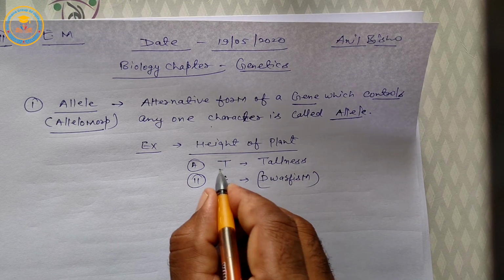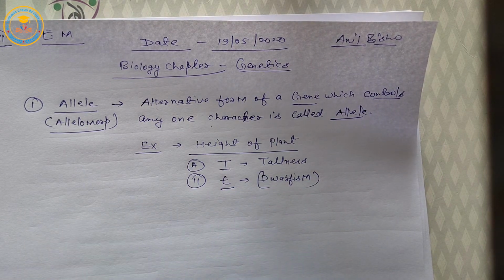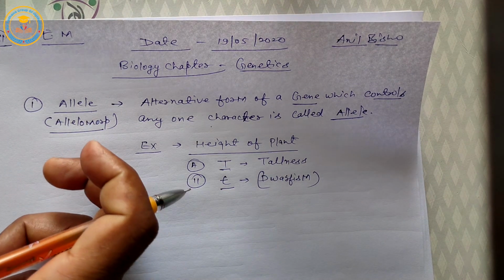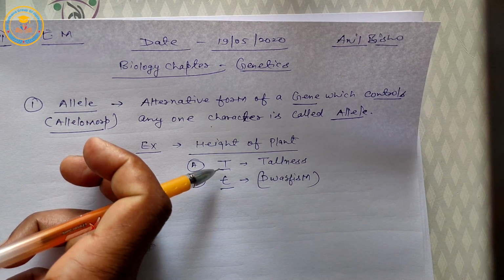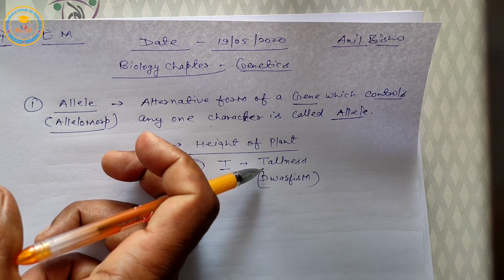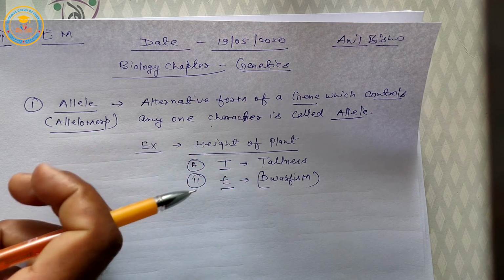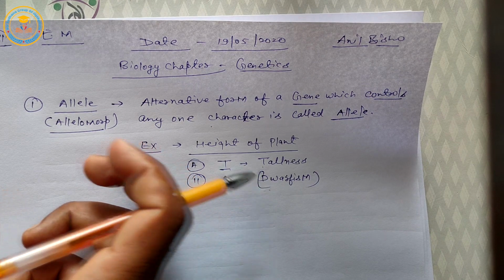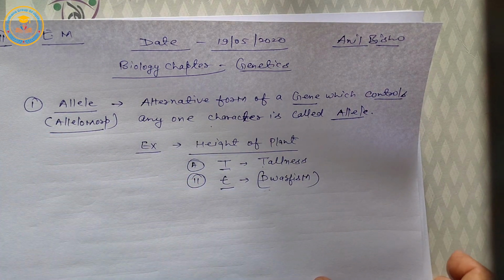So they are alternative forms of a gene. This gene represents tallness, this gene represents dwarfism. It means alternative forms of a gene.